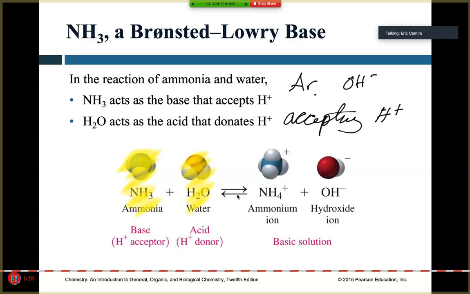We're going to talk about this in a couple more slides, but water can act as both an acid and a base, which makes it incredibly useful, and your body takes advantage of that too. A lot of the chemistry done in biology is all acid-base chemistry. So if water actually donates the H+, the ammonia can accept it.